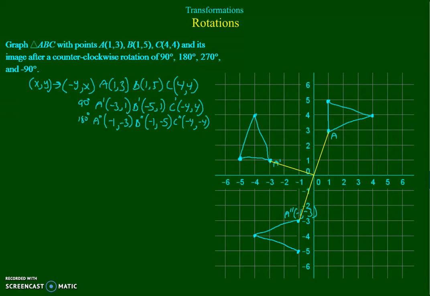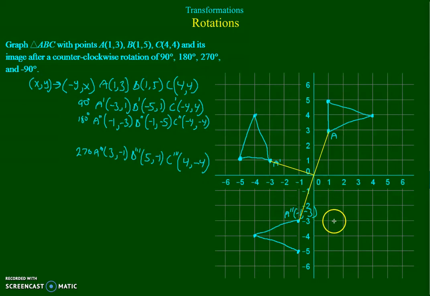Now one last rotation. Let's do our 270. So for 270, our A triple prime is going to be negative y, x, and B triple prime is negative y, x, and C triple prime is negative y, x.